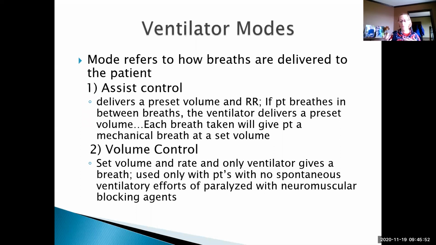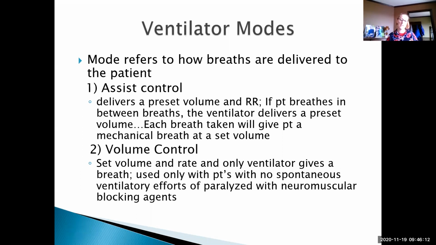They all have their own little things, but there are certain modes that we look at that we know, okay, that patient is getting full support from the ventilator. And then there are other modes that you can look at quickly and just know, okay, they are at least doing some of the work on their own, or they're in the process of weaning off the ventilator, so they're doing a little bit more work.